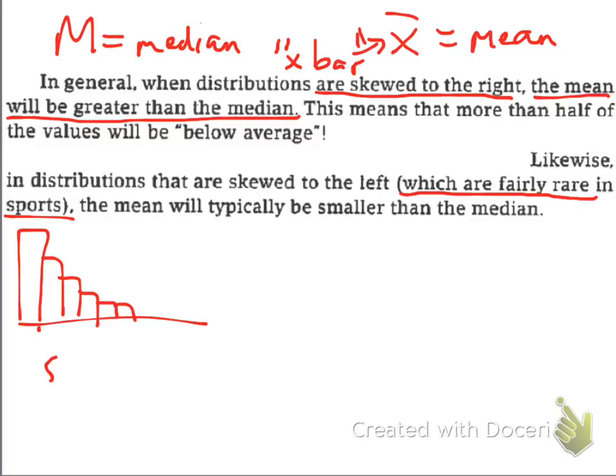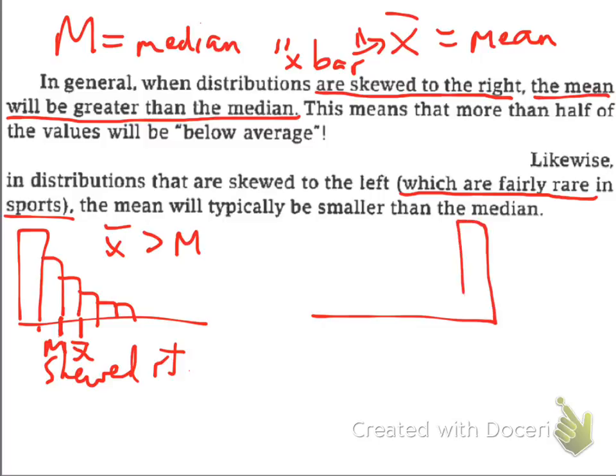Okay, so remember, skewed right looks like this. Your median's going to be somewhere in there, and your mean will be right there. So your median will be smaller than your mean, skewed right. X bar will be greater than the median.